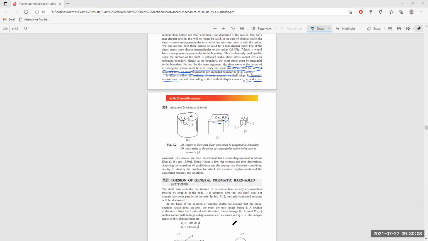A section at a distance z from the fixed end will therefore rotate through theta times z, where z is the distance from the fixed end of the shaft.